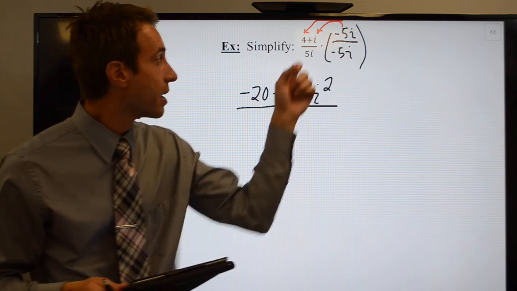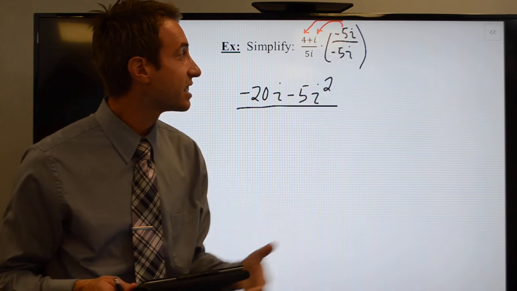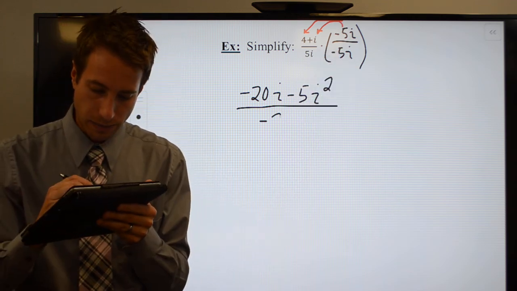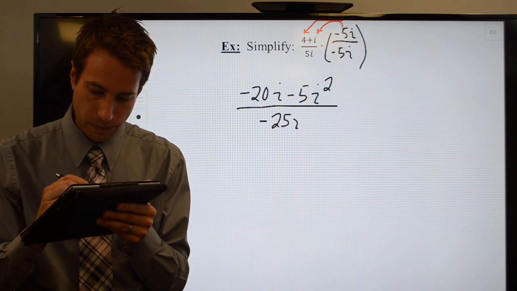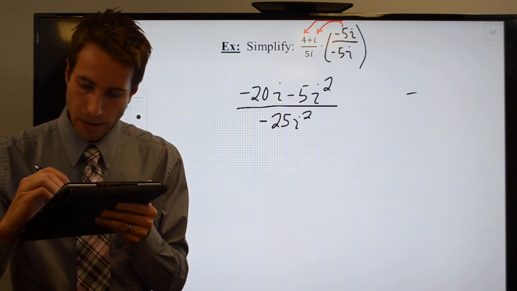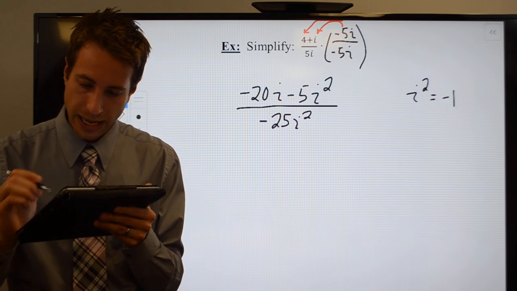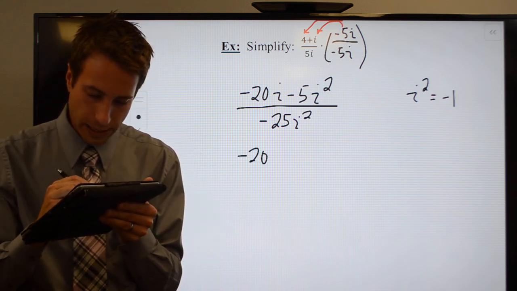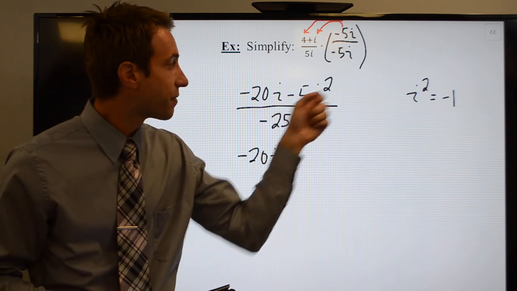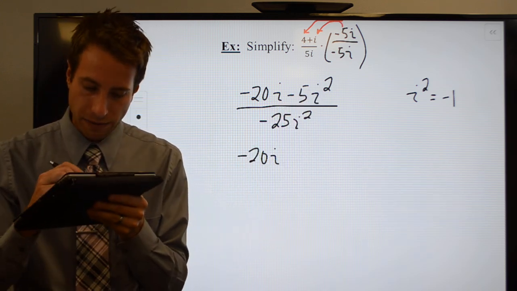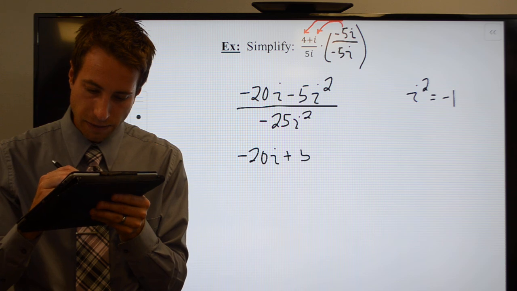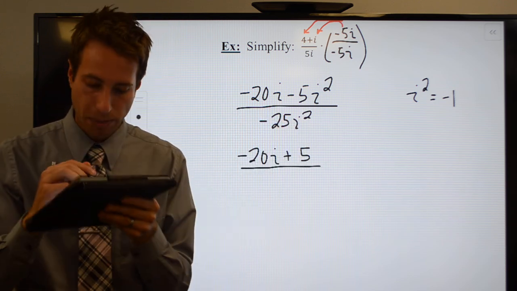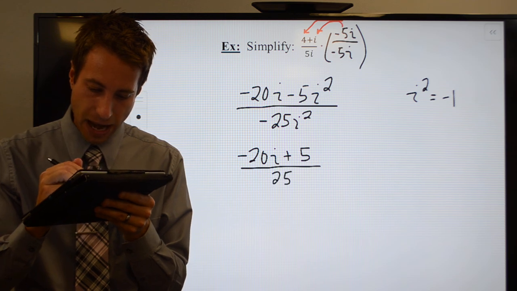In the bottom, 5i times a minus 5i is going to be a minus 25i squared. Well, remember, i squared is equal to a negative 1. So here we go. Minus 20 times i. Minus 5 times a minus 1 would be a positive 5, so plus 5. And in the bottom, minus 25 times negative 1 would be a positive 25.